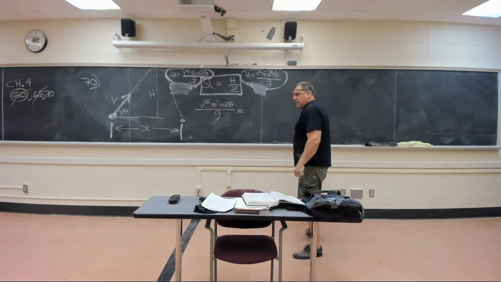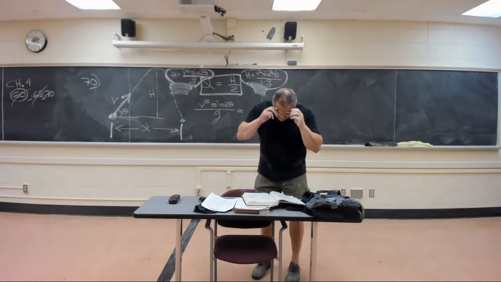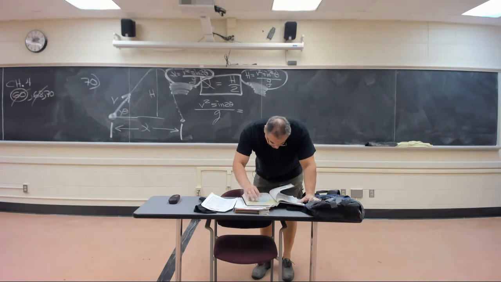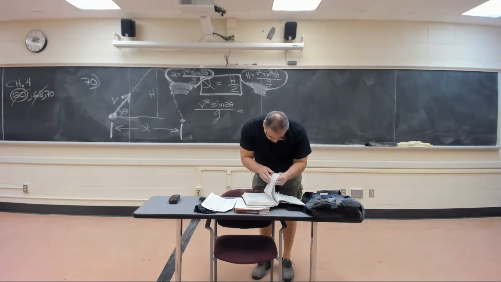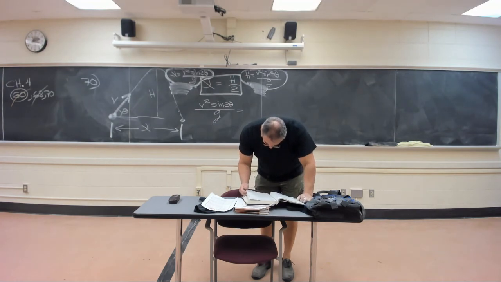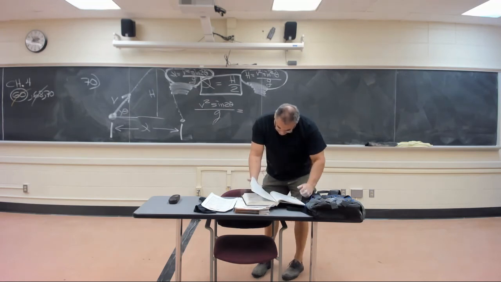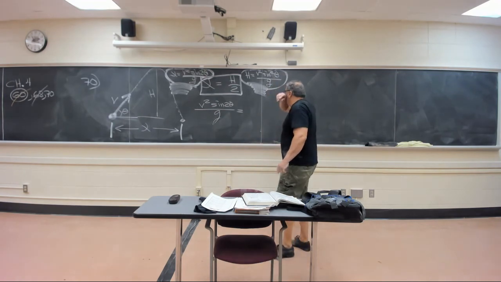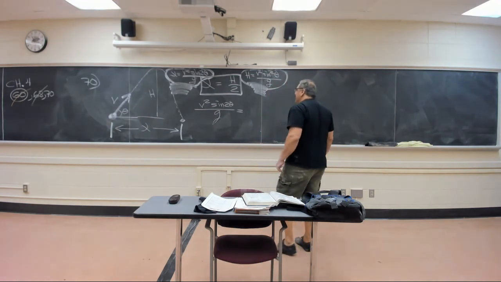Let's make sure. Just give me a second. I don't want to make some careless mistake that everybody's going to regret, especially me. Yeah, everything looks good. So that's x, the range.